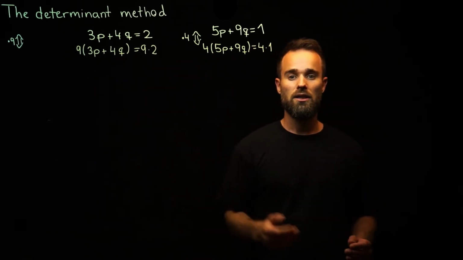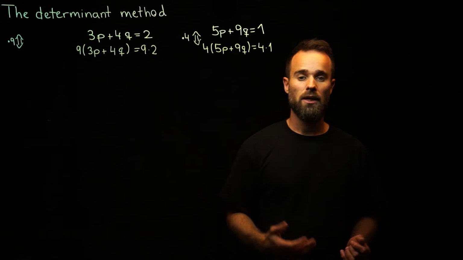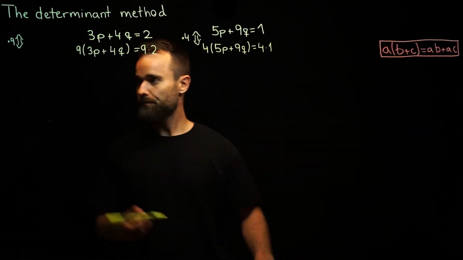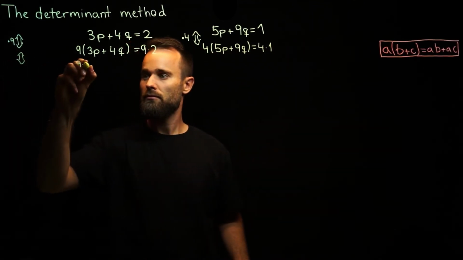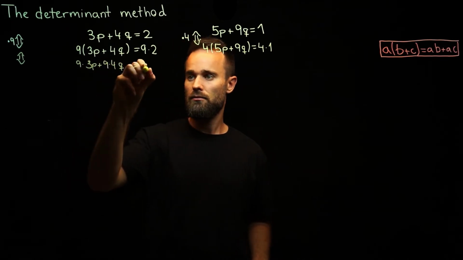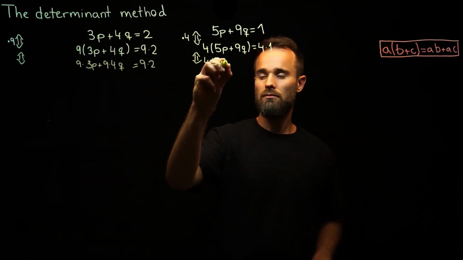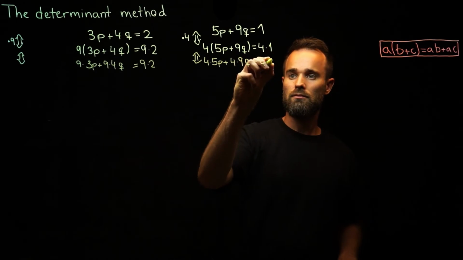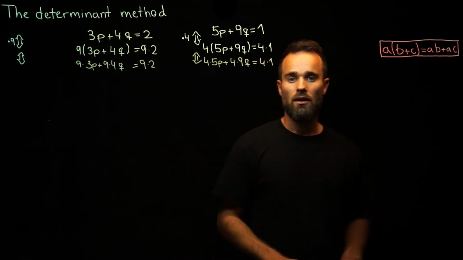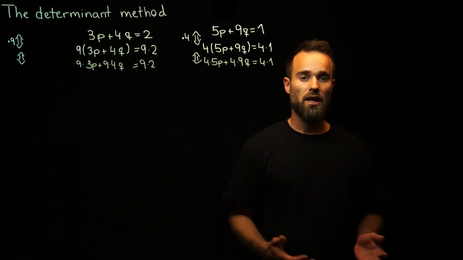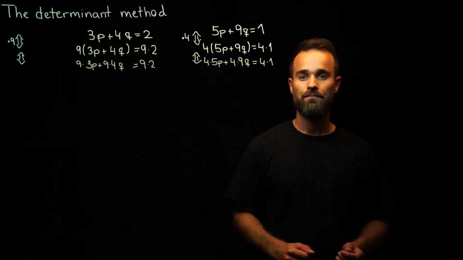Nine and 4 is multiplied onto each term in the parentheses. I am purposefully not calculating the products here.